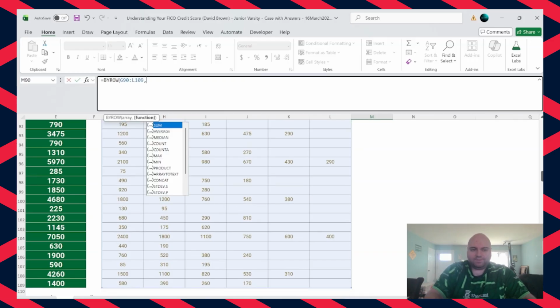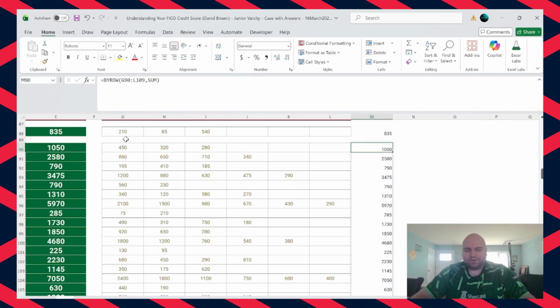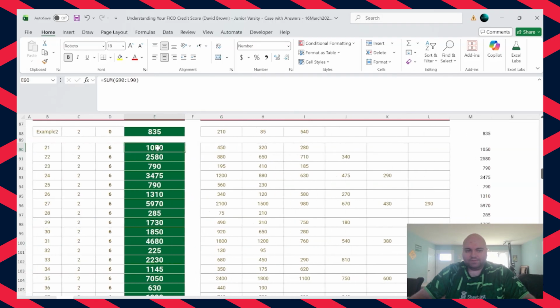And what function do we want to apply to this array for each row? It would be sum. And you can see we do get the same results. So that's just if you're trying to get one formula to do all of what we just did. But this would do just fine.